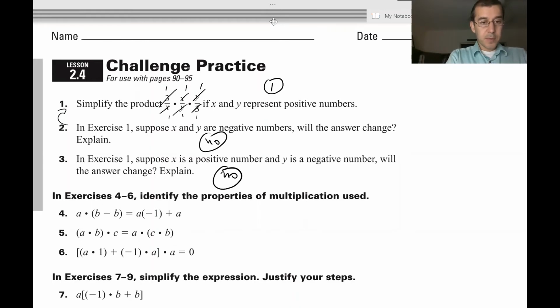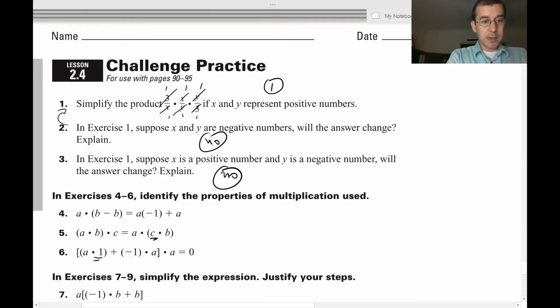Number 5, we have a times b times c equals a times c times b. So this is the associative property, but also the commutative property, because here we have c and b switched places. Number 6, we have a times 1, so that's the property of 1.